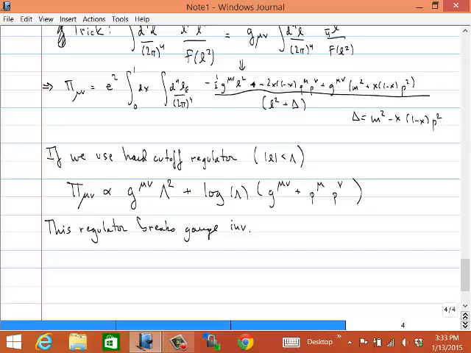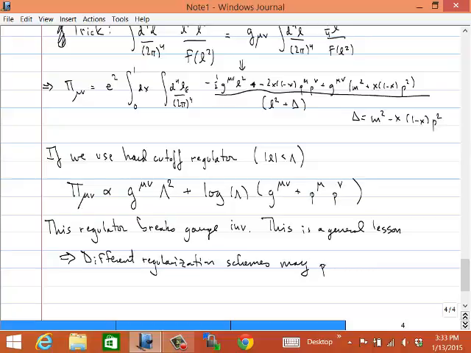And this is actually a more general lesson. Okay. So in general, it may be possible for different regularization schemes may preserve different symmetries.